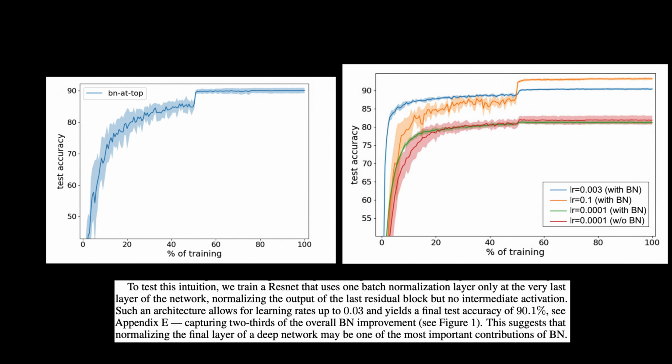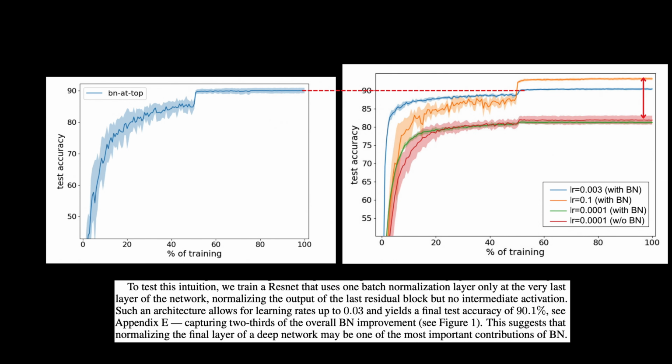To test this, they train a ResNet with only one batch norm layer that standardizes the output of the last residual block, and just that. This small change in architecture increases the feasible learning rate of an unnormalized network to 0.03 and gives a test accuracy of 90.1, much closer to a batch normalized network than an unnormalized one, indicating that standardizing the output of the last layer could potentially be the most important difference between batch normalized and unnormalized networks.